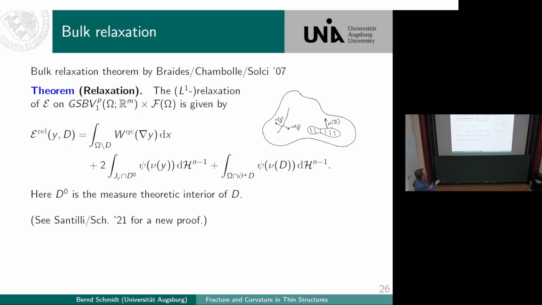And so if you compute this relaxation, the domain will now be in an SBV space, and you will end up with such a function in here. And where does this factor 2 come from? Well, it comes precisely from the fact that if you have a crack and you want to approximate it by a void, then you have to go two sides, right? So you have to first go from the matrix into the void and then from the void into the matrix again, so you pay twice the surface.